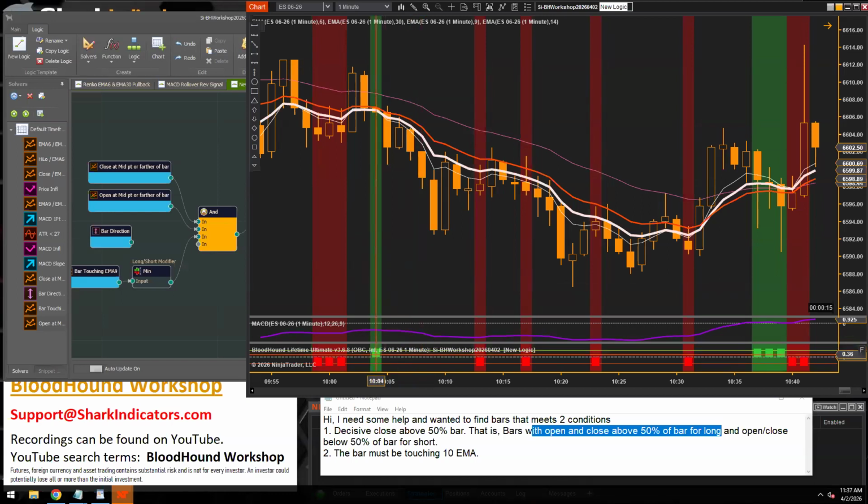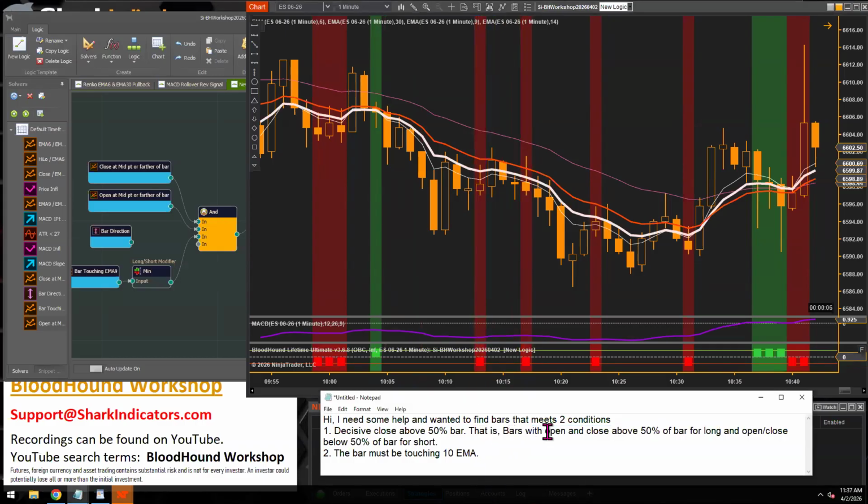Now, let's see here. The one thing to point out is the direction, right? The direction is based on which side of the bar the close and the open are on.